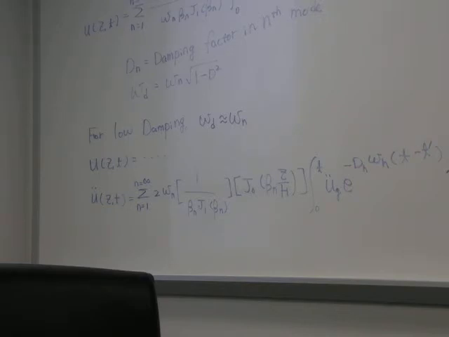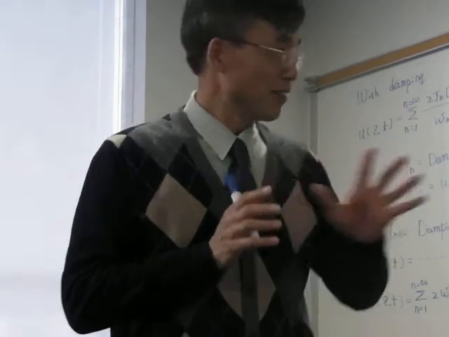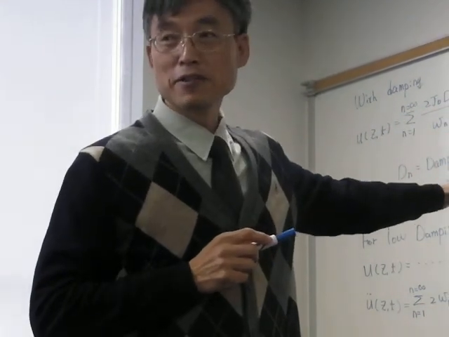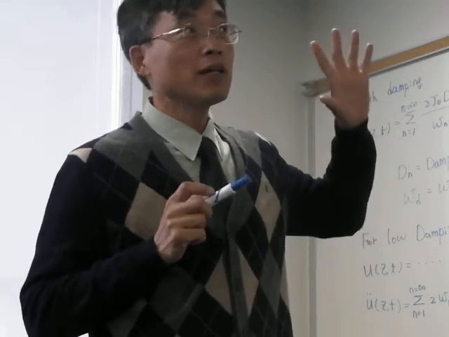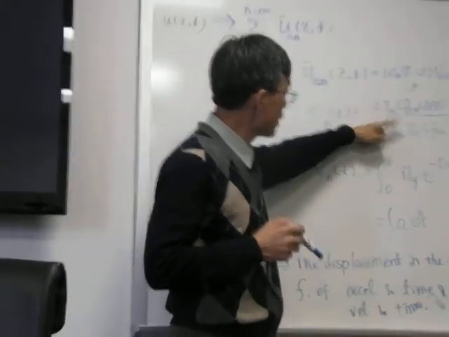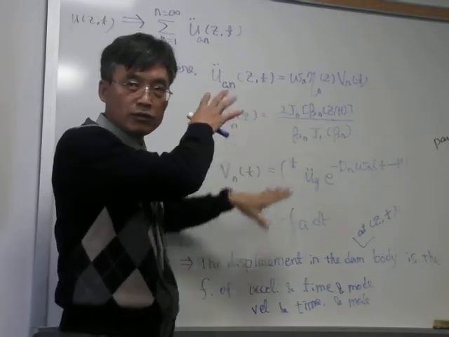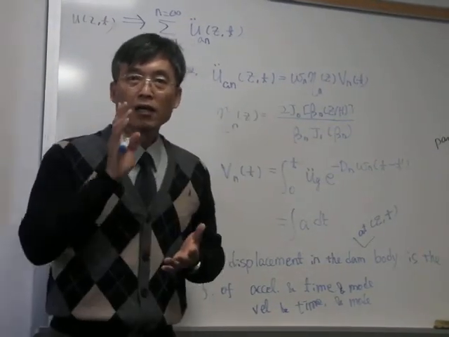And another idea is, if we know how the dam behaves, and if we can control some of those terms in this equation, let's say we can control J0 or J1, then probably we can control the behavior of the dam, right?